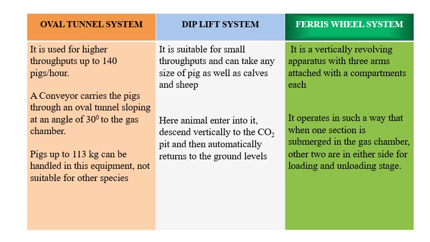So there are 3 arms, 3 compartments hanging. One will be at the center, which is dipped in the gas chamber. On one side one will be ready for loading, and on the right side another one will be for unloading, and then it is ready for bleeding.